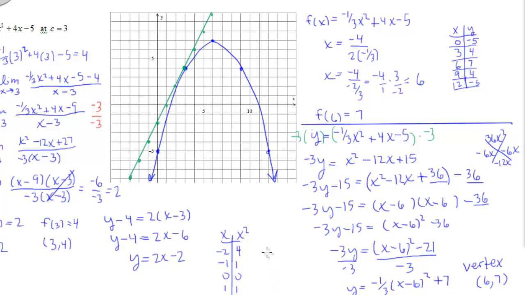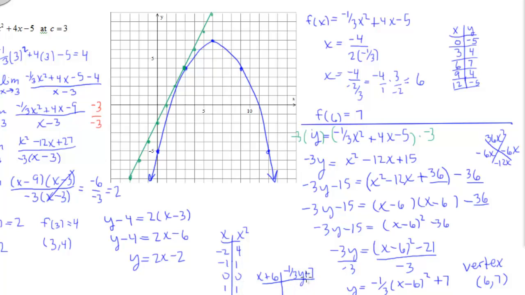And then when you do the table for it, the headings of the new table would be x plus 6 and -1/3 y plus 7. And you could take all of these and add 6 to these and do -1/3 y plus 7 to find these, and that would work.